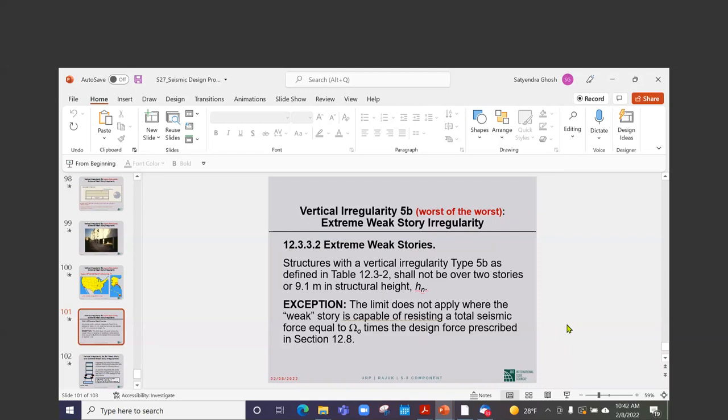For drift computation, what time period of the building will be used? Should we use the approximate method or the time period from modal analysis? So for drift computation, what period do you use? The answer is entirely up to you. You can do your drift computation using the approximate period.